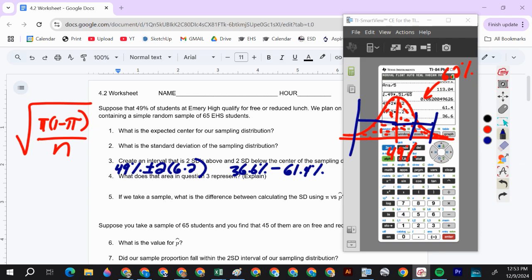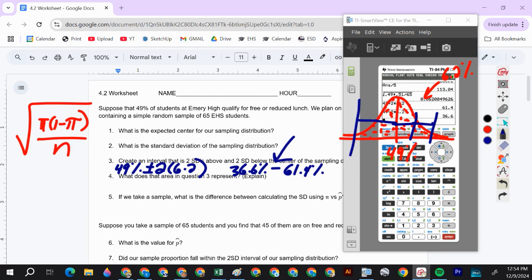So if 100 people take samples, 95 of them should have a proportion that lands in that window. That is a probability, essentially. If you take a simple random sample, you have a 95% chance of landing in that window with your sample proportion. Okay? Does that make sense?